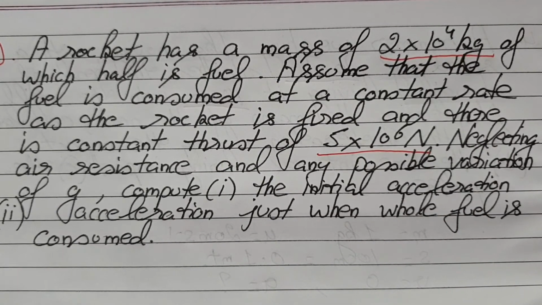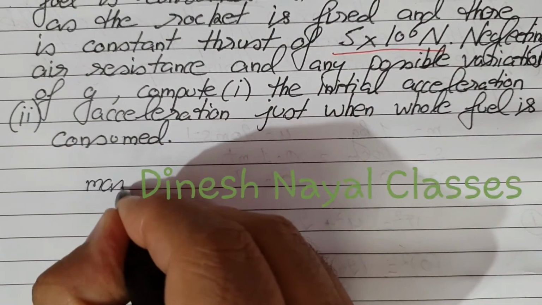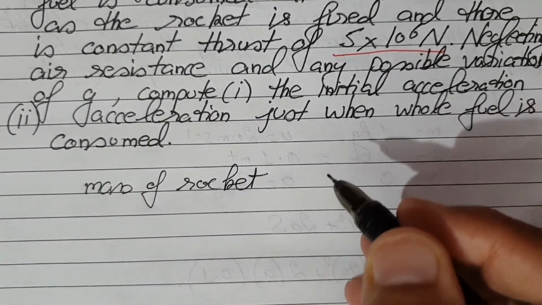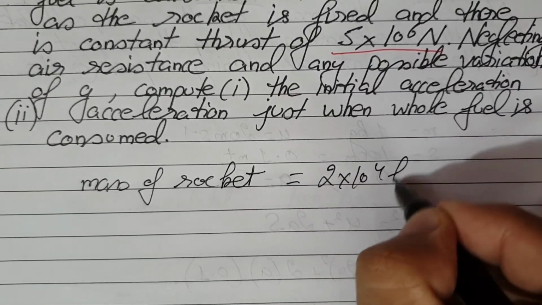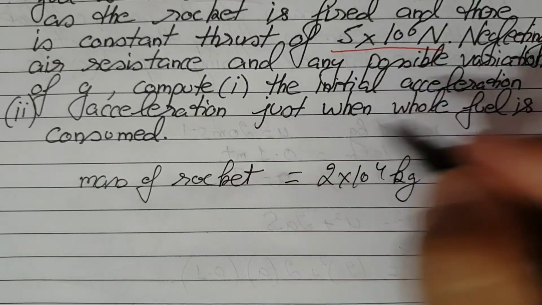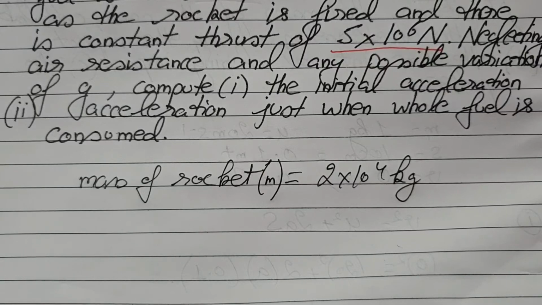Okay. So first of all, here is the mass of the rocket. The mass of the rocket is 2 × 10⁴ kg. Consider this as m, small m. Let this be small m, mass of the rocket. Now they are saying half of it is the fuel.